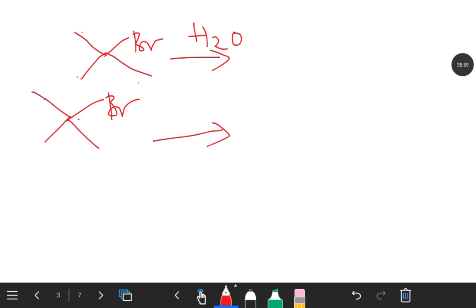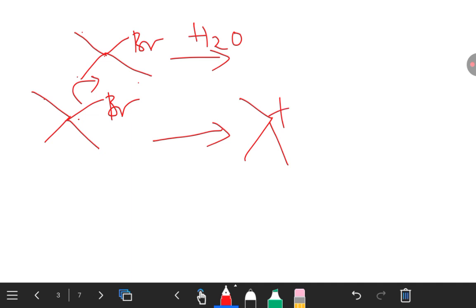The first thing we mentioned here is that the leaving group is going to leave, which is the bromine. Once it leaves, there is the formation of a carbocation. So what we are going to have is that carbocation.